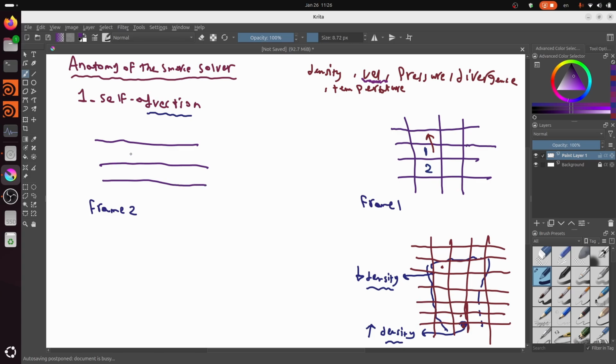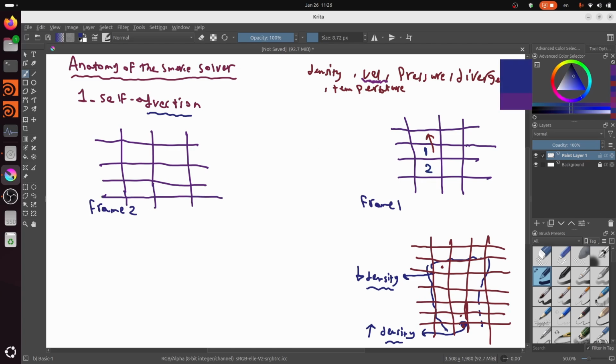So if this is frame 2, what happens in the next frame is that at each voxel here, for example at this voxel, we had our velocity field like this. It's the same. I want to draw it the same.